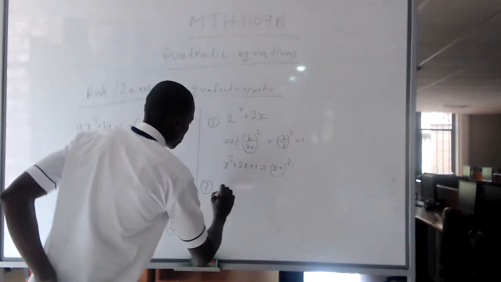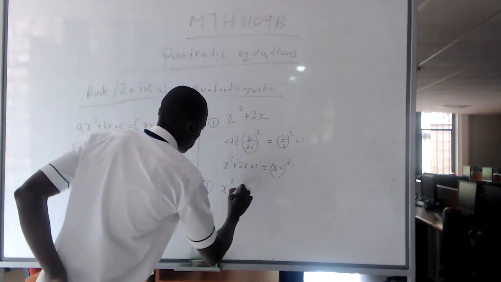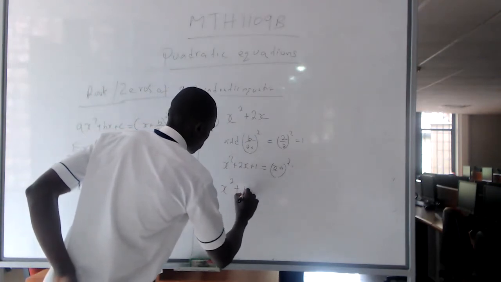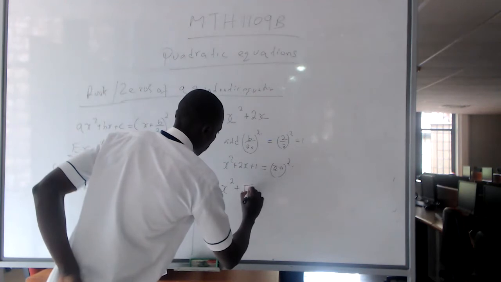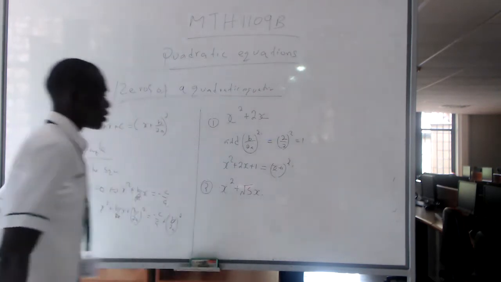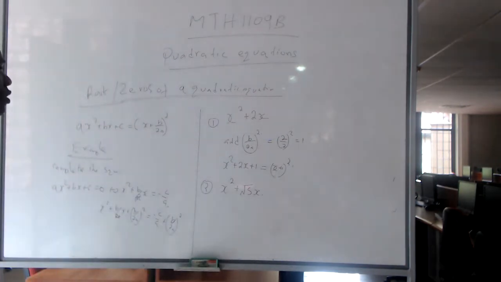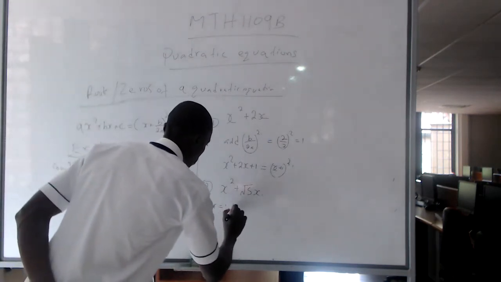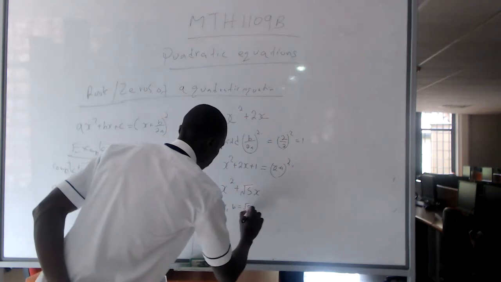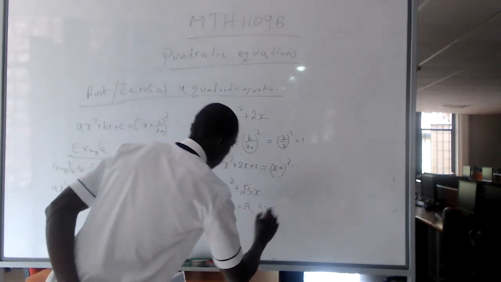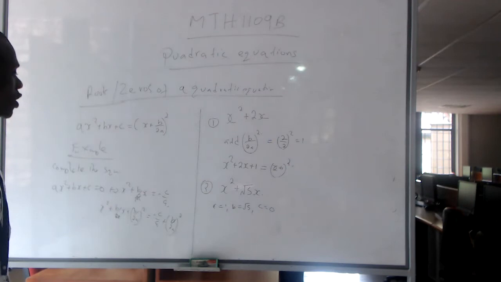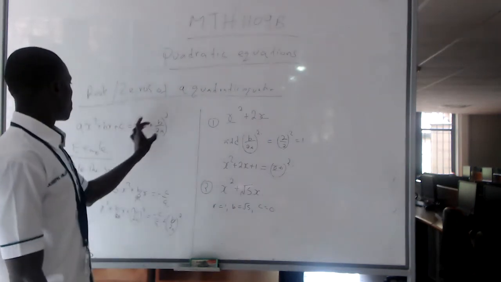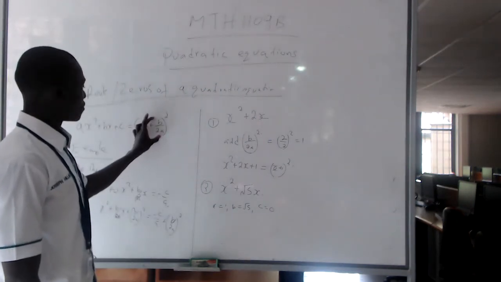Example 2, complete the square on x squared plus, maybe, square root of 5 times x. The trick is very simple. In this case, a is 1, b is square root of 5, and c is 0. So to complete the square, add (b divided by 2a) squared.